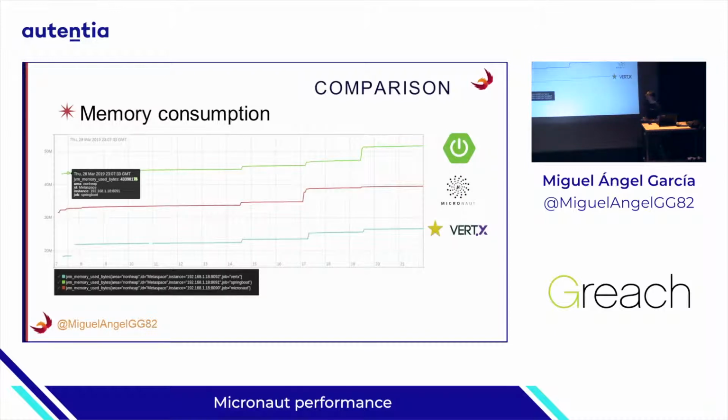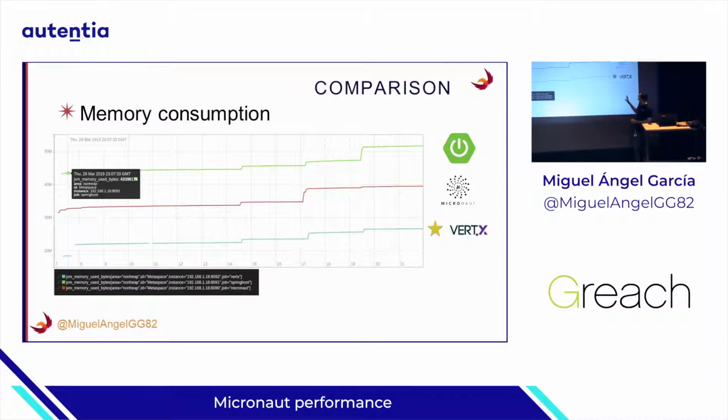What about memory footprint? This screenshot is taken directly from Prometheus, and as I said before, the Prometheus endpoint only works with Spring Boot, Micronaut, and Vert.x. My intention was to include here Micronaut plus Graal, but as I mentioned earlier, it cannot work.